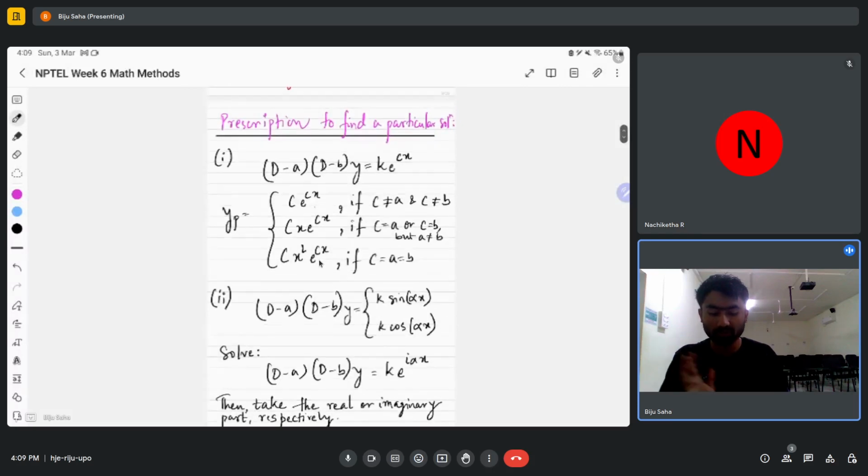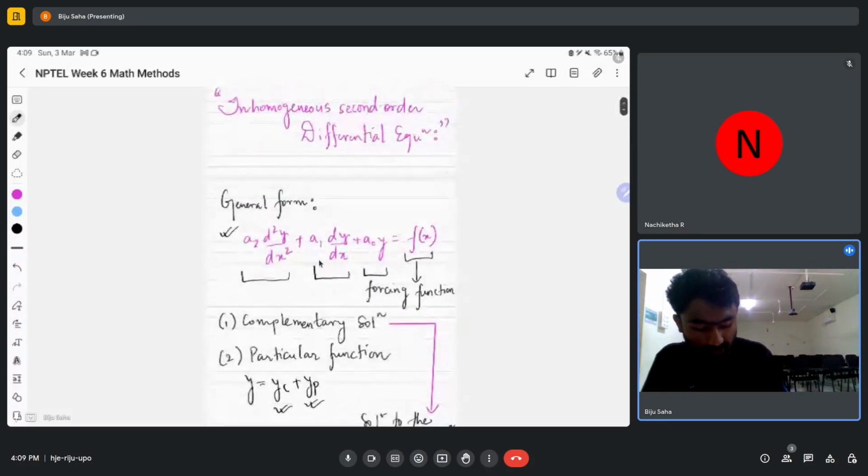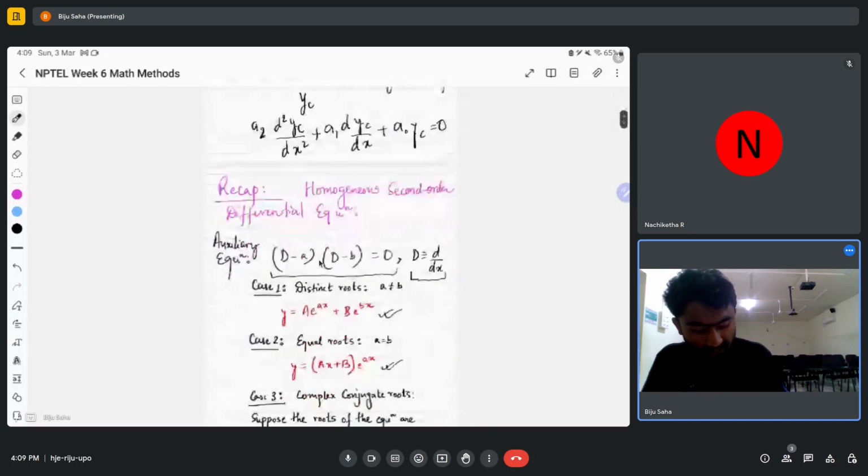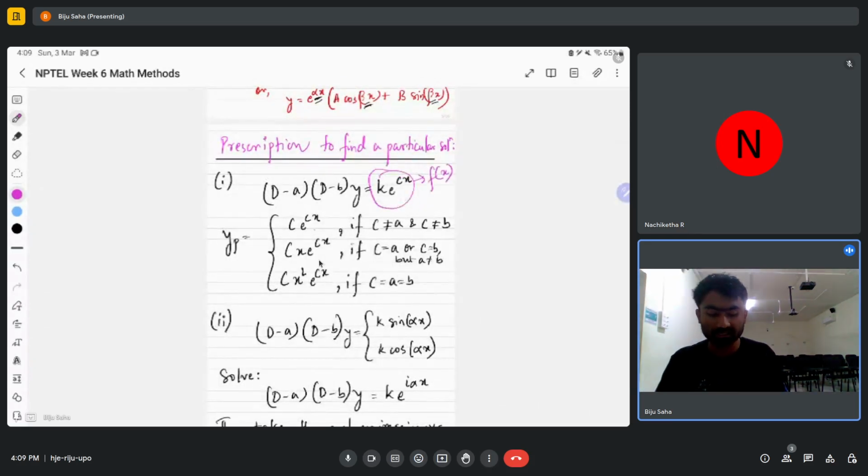So suppose your f(x), that occurred here, has a form given by this. If your f(x) is some constant k multiplied by e to the power cx, then there are three cases arising.